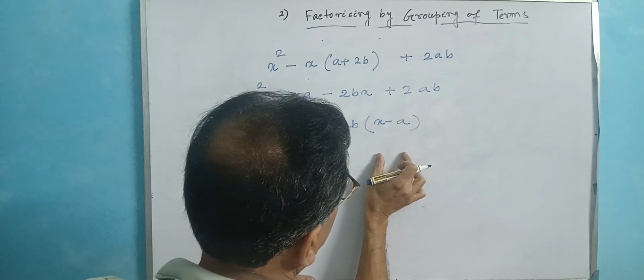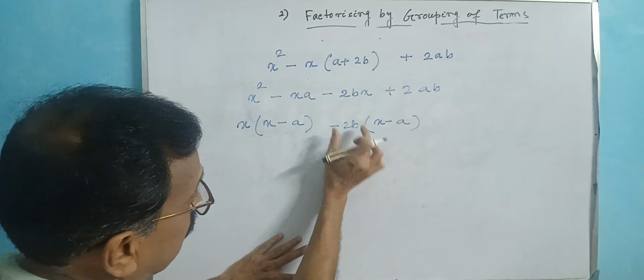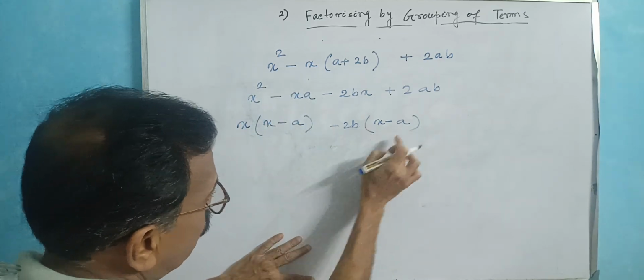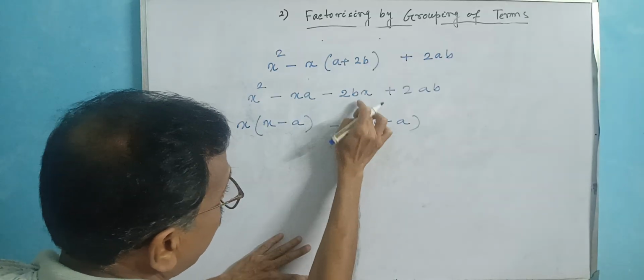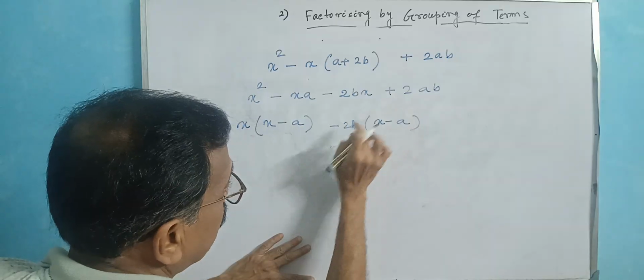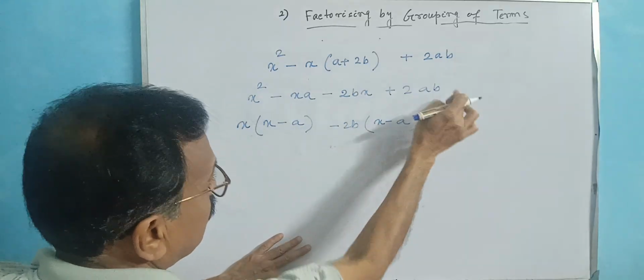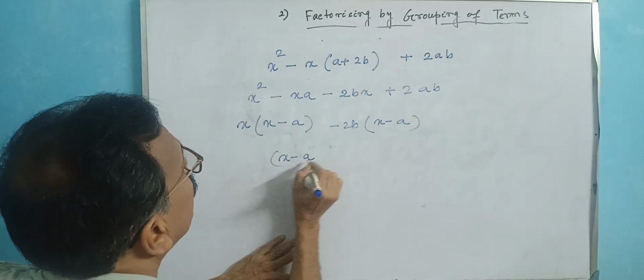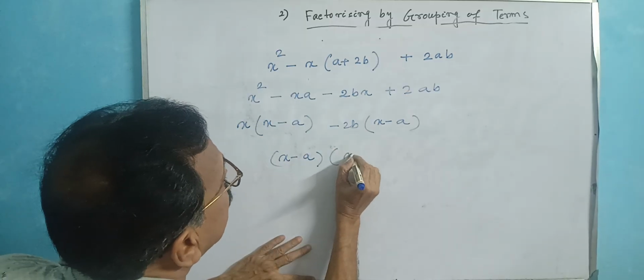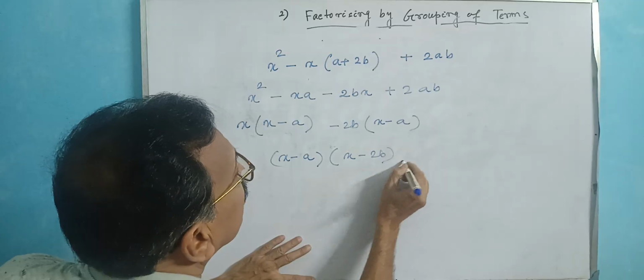If you bracket it, you just multiply this. So further x minus a is common. And this is x minus 2b.